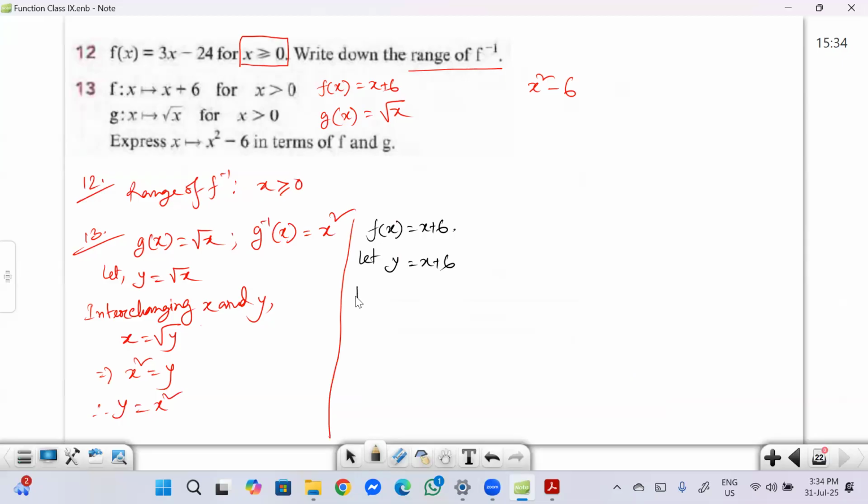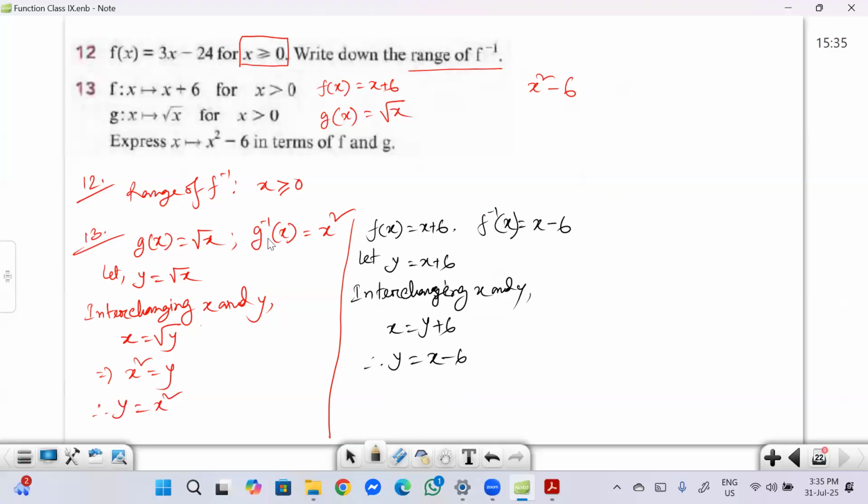Then what you do, interchanging x and y. Then x equal to y plus 6. So therefore y equal to x minus 6. Okay, so that will give you that f inverse x is x minus 6.